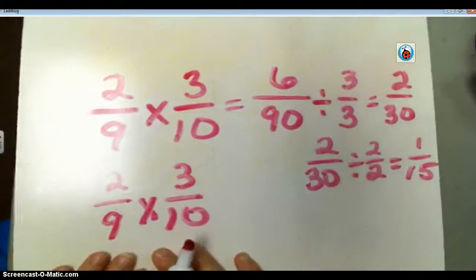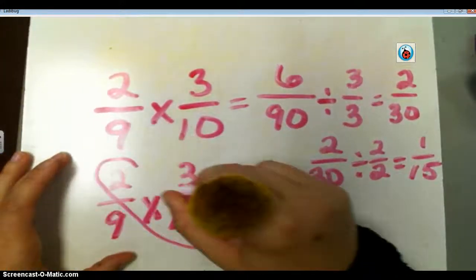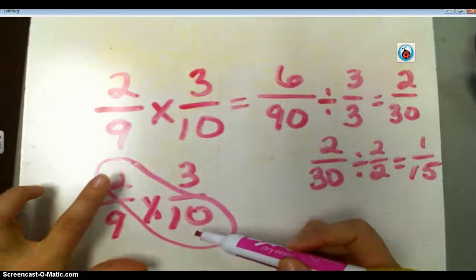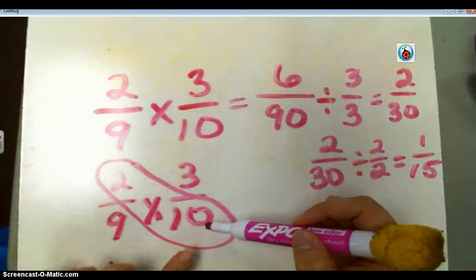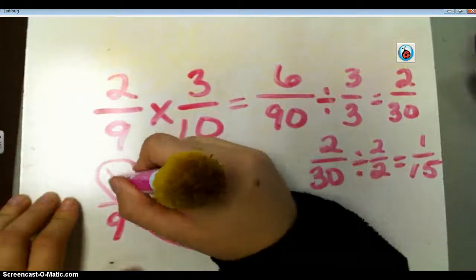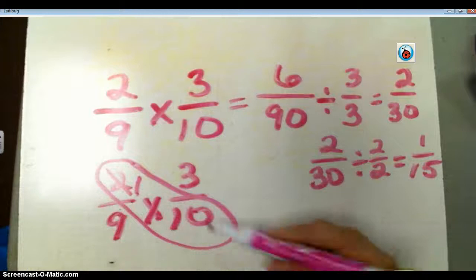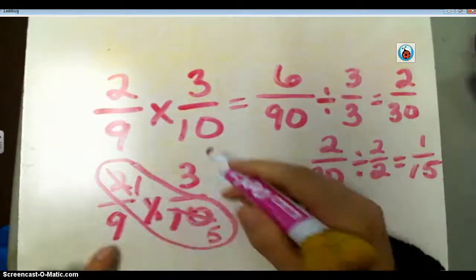Now we're going to do it this way. We have to look diagonally. Do 2 and 10. Can they reduce? Because 2 goes into 10, right? So 2 goes into itself 1 time. 2 goes into 10, 5 times. What about this way? 3 and 9.